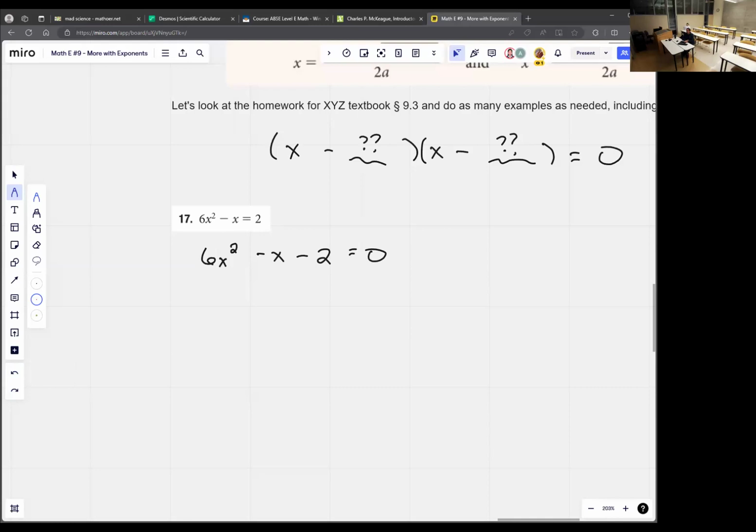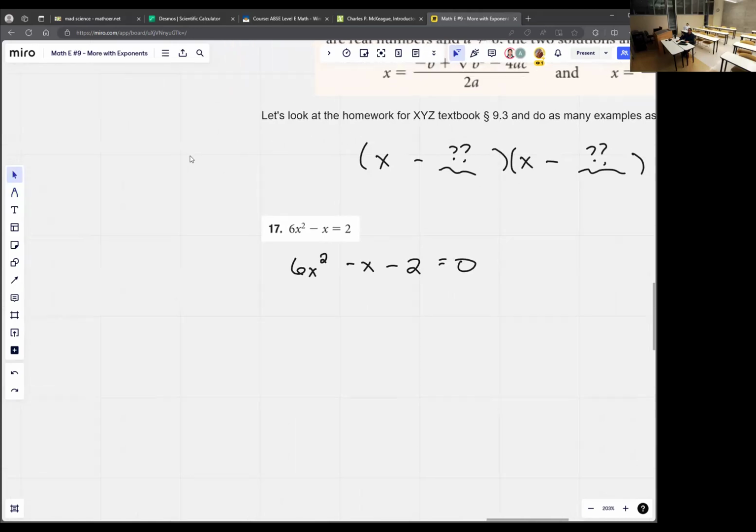Okay, now can I just factor this? Can I say I need two numbers that multiply to be 6 times -2, which is -12, and they add up to -1? Sure, I can do that. Does 1 and -12 work?